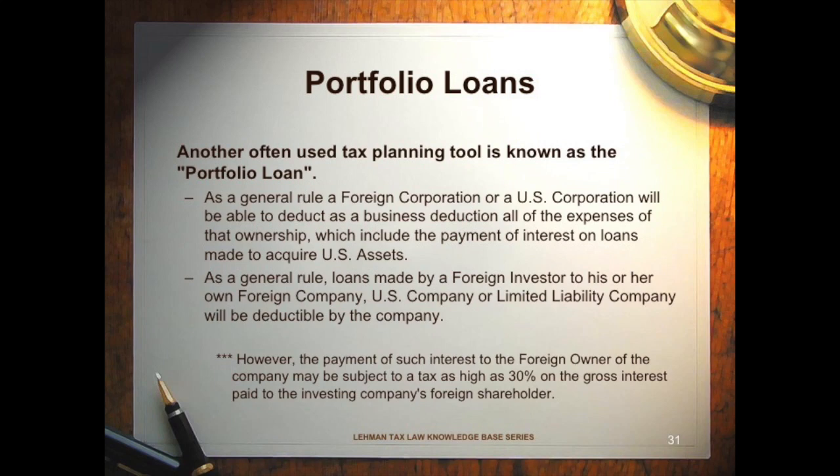Interest income on that loan is going to be subject to a withholding tax. If it's a treaty country, it may be 5% or 15%. If it's non-treaty, it's going to be, like we talked about, a 30% tax if they pay interest out. Now, the interest is deductible. It's an expense of doing business.